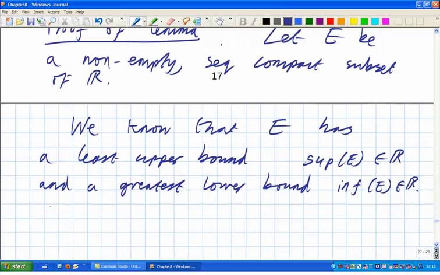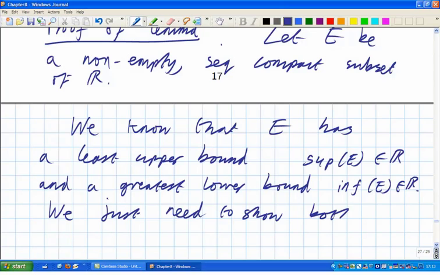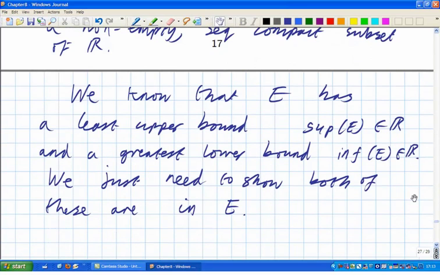And now all we need to do is show that those two numbers are both in E. Now we'll do this for sup E because the proof for infimum is pretty much the same. So we'll show that sup E is an element of E because the proof for inf is similar.